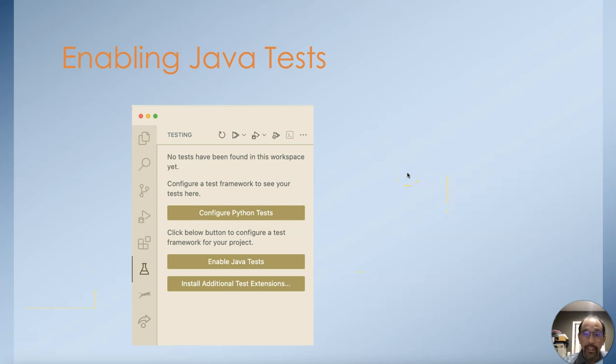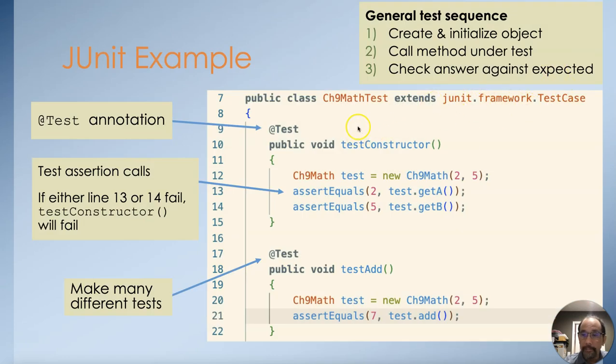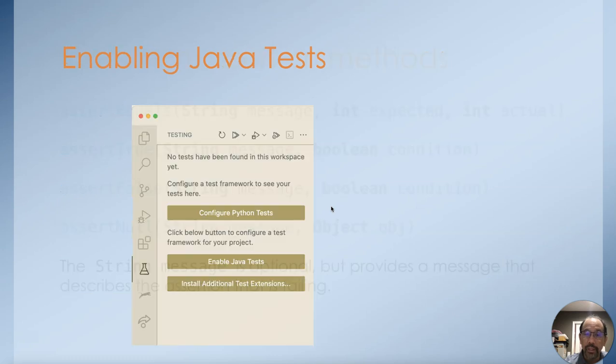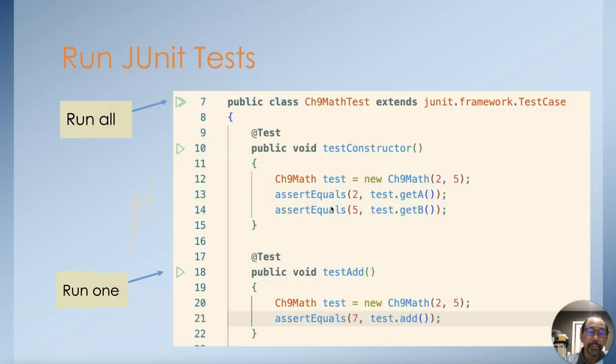If, on the previous slide, you had any red curly bracket lines saying, oh, I don't know what test case is, or I don't know what assert equals is, going through this step in VS Code will allow it to understand those methods. It will basically import that library automatically for you.